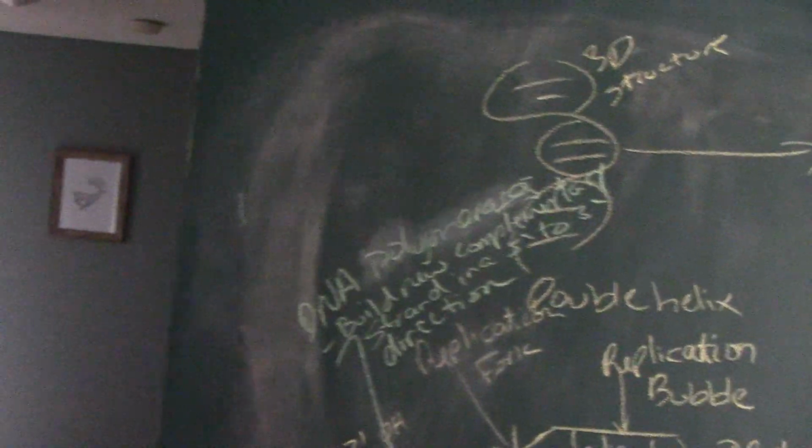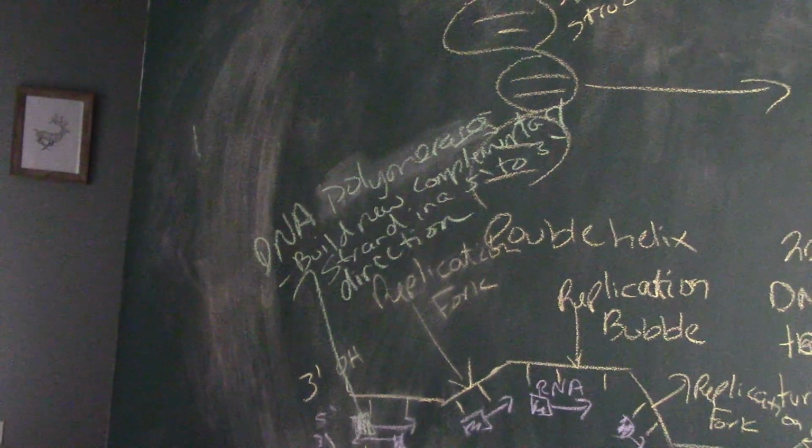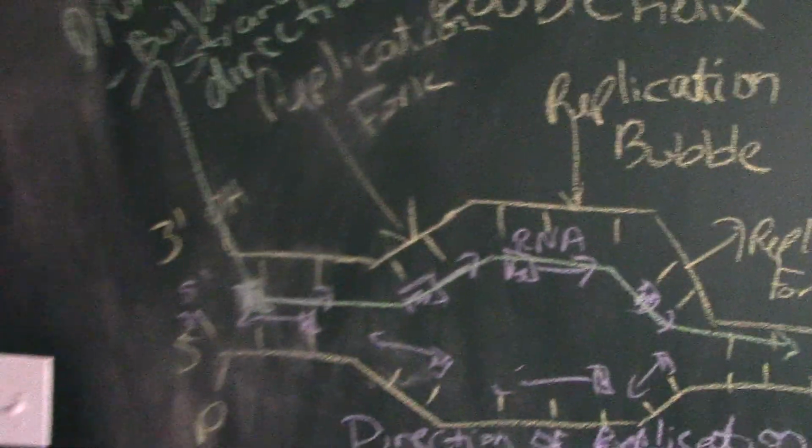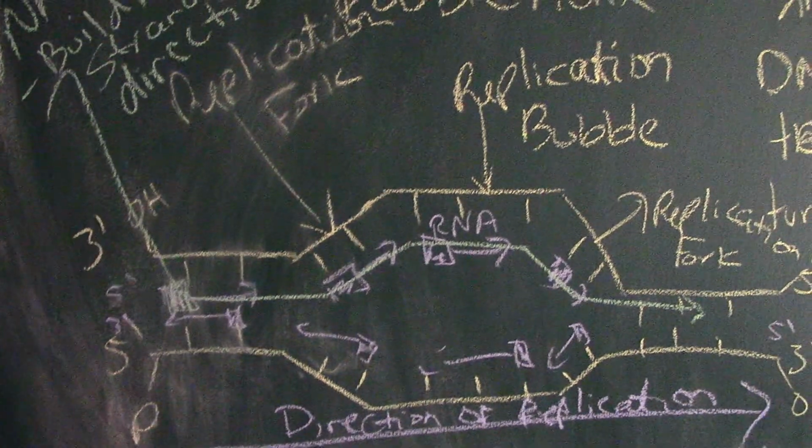the new complementary strand in a 5' to 3' direction. Okay, so the DNA polymerases will remove the RNA primers, and then the strand that is in the 5' to 3' orientation will be built continuously.